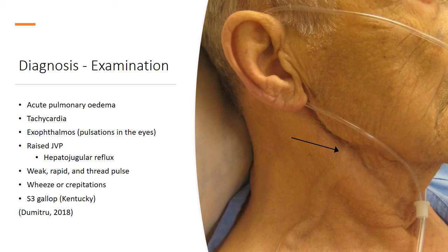So we've also got our carotid artery in the same area here. Now, the common carotid artery travels up the neck, where it bifurcates into the internal and external carotid artery. But what we're seeing is this distended internal jugular vein here.